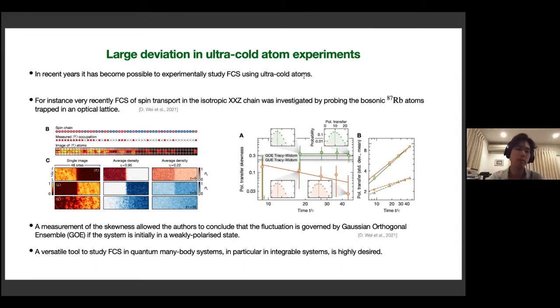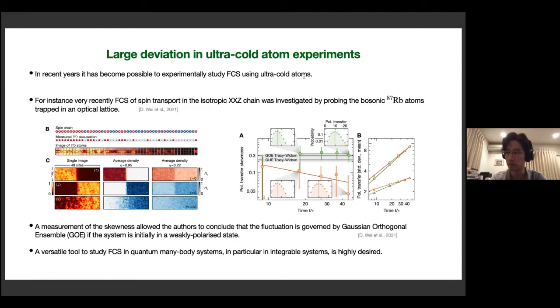And the upshot of this experiment was that they could really take a snapshot of the entire sample at each time instant. So by just collecting all these snapshots, they could recreate the probability distribution of the spin transport. And from that, they could see that the fluctuation of this spin transport is actually governed by some random matrix process called the Gaussian orthogonal ensemble, provided that the system is initially in a weakly polarized state.